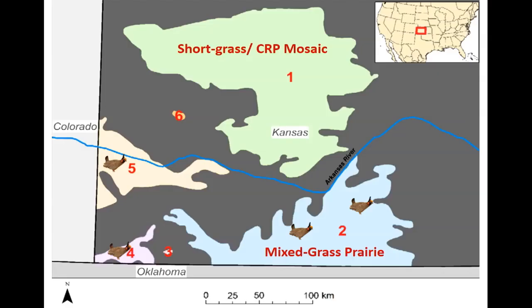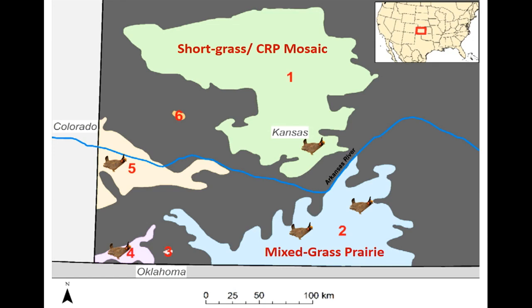So shown here is the lesser prairie chicken range broken up into different patches in Kansas. And before 1998, we were really only aware of lesser prairie chickens occurring in this area south of the Arkansas River. In 1998, the lesser prairie chicken went up as a candidate for listing on the Endangered Species Act.